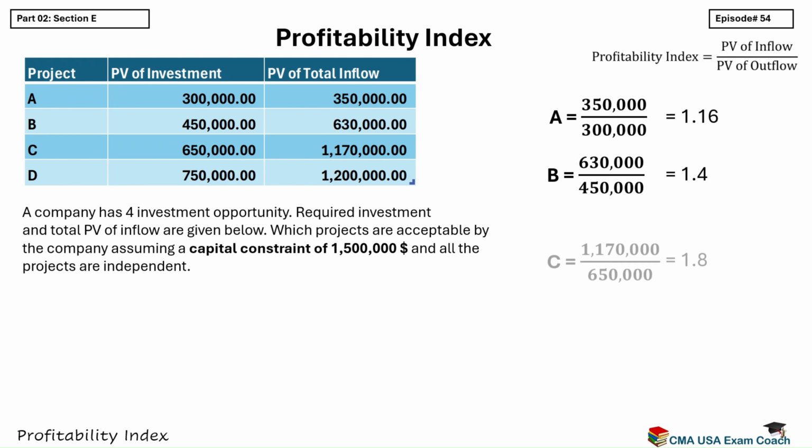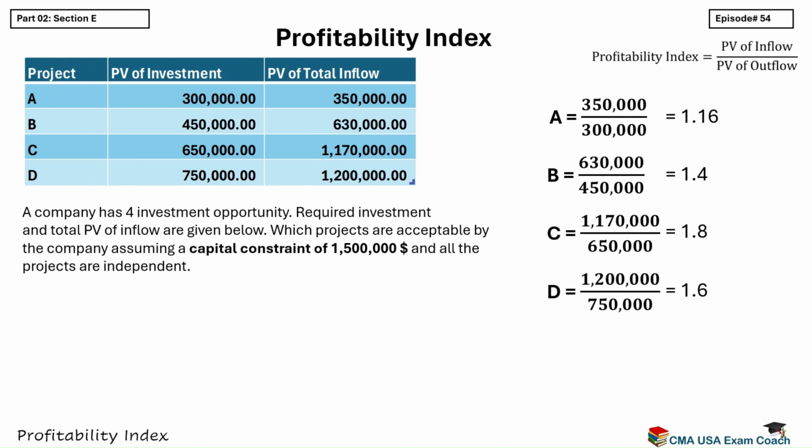For Project C, the inflows are $1,170,000 divided by the investment of $650,000. This comes to 1.8, which is the highest among all projects. For Project D, the inflows are $1,200,000 divided by the investment of $750,000, giving a profitability index of 1.6.